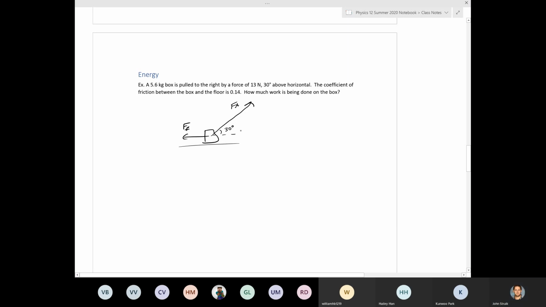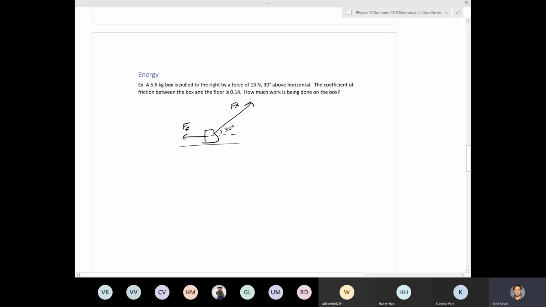So what you have is every force is going to do work. But when I say that, it's not really accurate. Every force that's in the plane of the motion of the box, every force that changes energy, is going to do work.